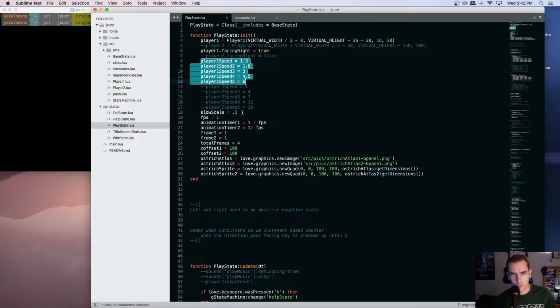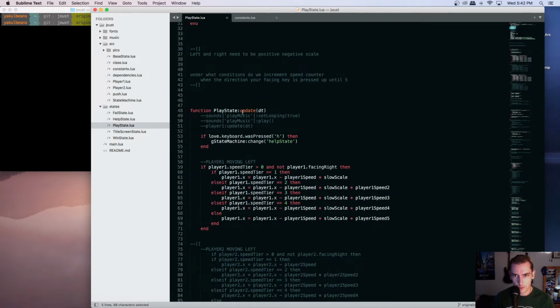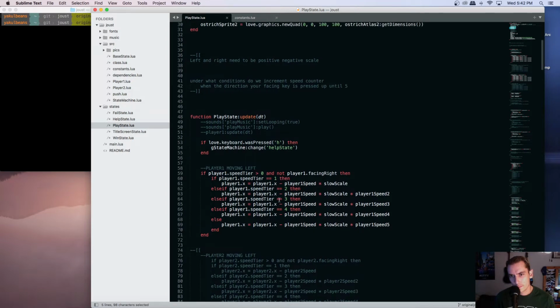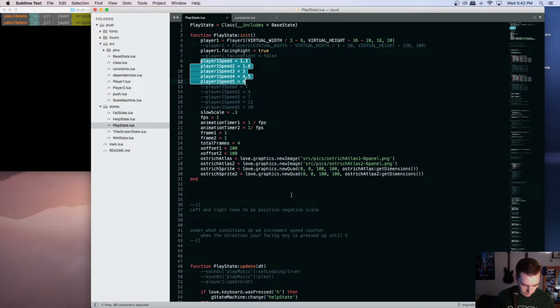Since slow scale is 0.3, player 1 is player speed times 0.3 for the slow scale, but then the other ones are also multiplied by player 1 speed.